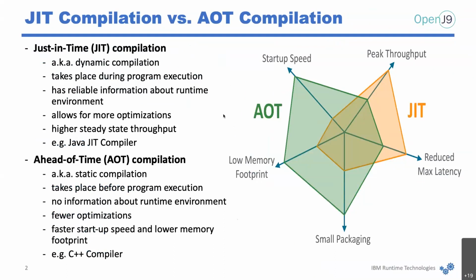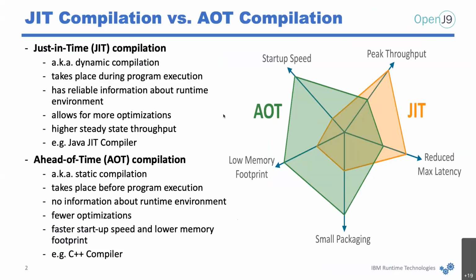This way of compilation allows the compiler to know how the running program executes and what hardware the program runs on. As a result, it knows exactly what optimizations can be applied to the running program and what hardware features can be exploited. An example of a compiler that uses JIT compilation is the JIT compiler that's inside the Java virtual machine.